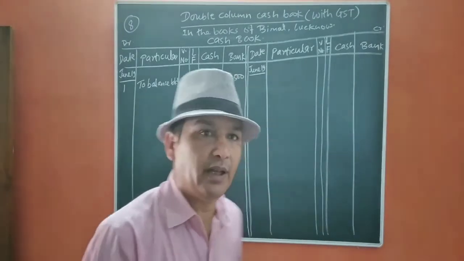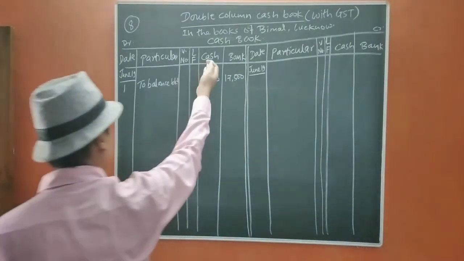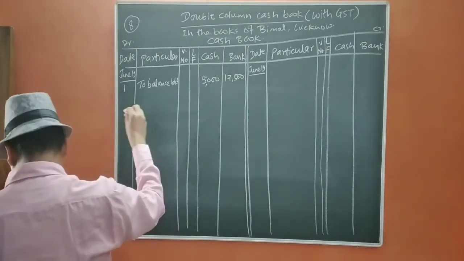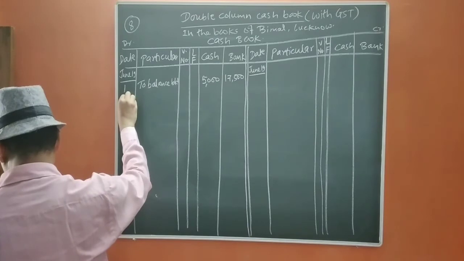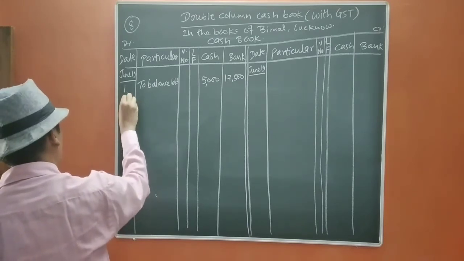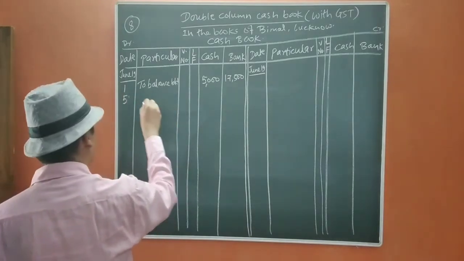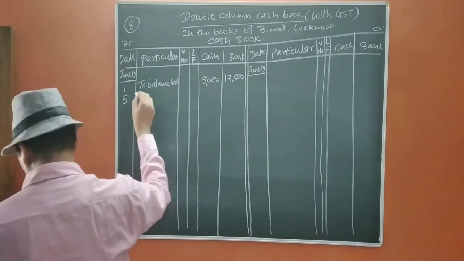Then June 5, cash received from sale of personal asset deposited in the firm's account. So 5,000 we are going to deposit in our account, that means in cash, not in the bank account. Cash received on sale of personal asset.